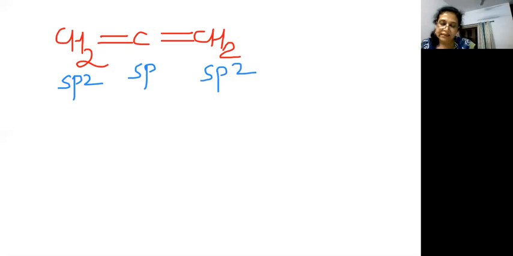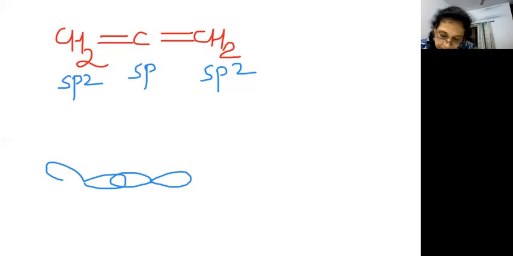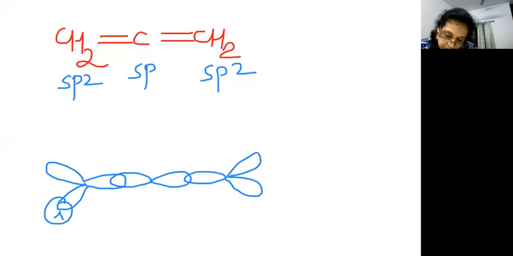Now, let us make this structure. Okay. So let's start with the center carbon, sp hybridized. So I have made the sp hybridized carbon. On both sides, I have an sp2 hybridized carbon. So let me make one sp2 hybridized here and another sp2 hybridized here. That's it. And now I have to place hydrogens. So I have placed hydrogens there. Okay. Now let me write the names.